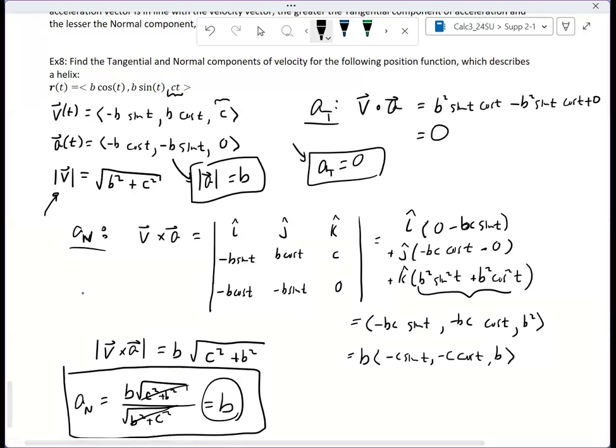There's no acceleration being applied upwards, meaning in the positive z direction. There's not even any acceleration or force being applied in the tangential direction, like pushing it around the circle. Again, all of the force is being applied normally. It's pushing the particle towards the z-axis, towards that center of rotation, and that's what makes it continue in that circular path along that helix.